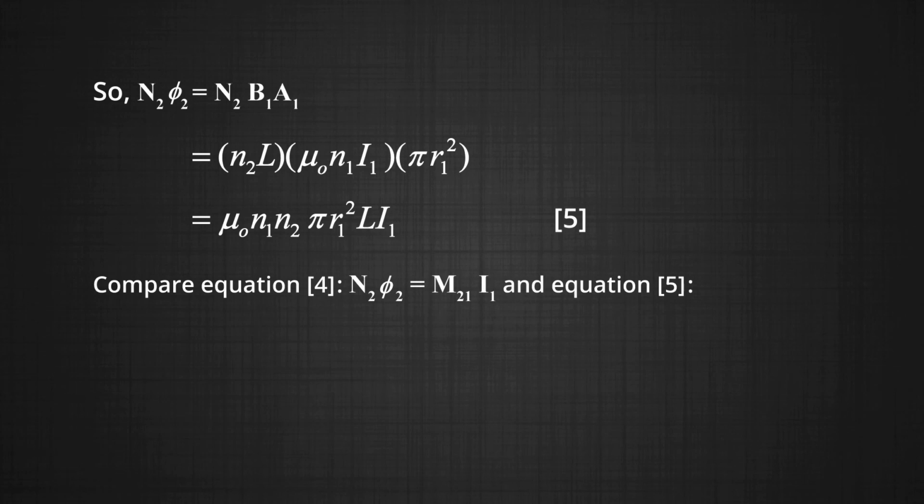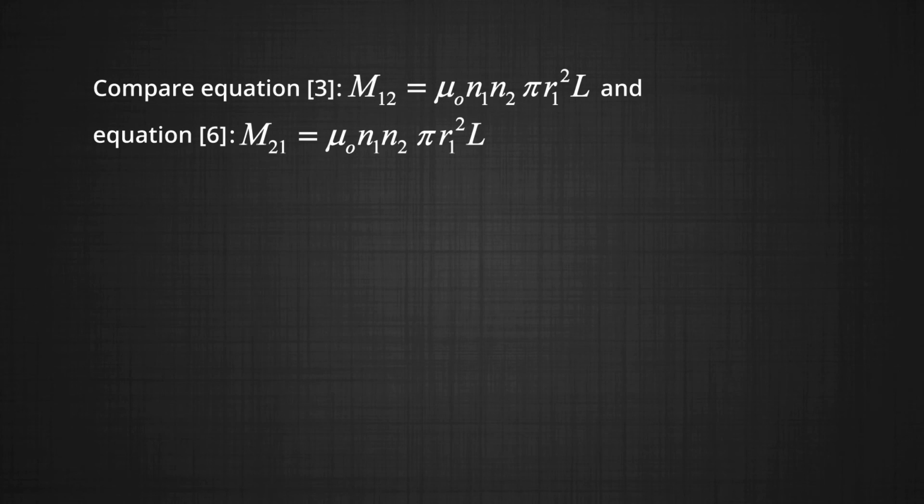Comparing this equation with the previous equation that we got, that is equation 4, we see M21 is equal to mu naught n1 n2 pi R1 square L. From equation 3 and 6, we can say that M21 is equal to M12 is equal to M.